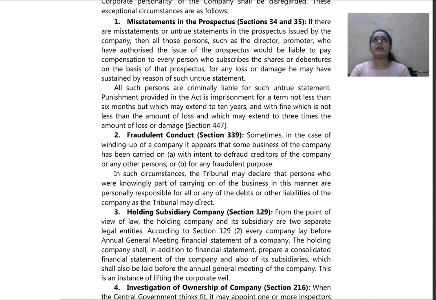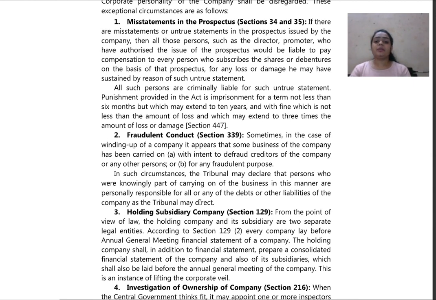So if the public finds that they have faced losses due to these untrue statements in the prospectus, then the directors, the promoters or whoever is responsible shall be liable to pay all the compensation to the person.